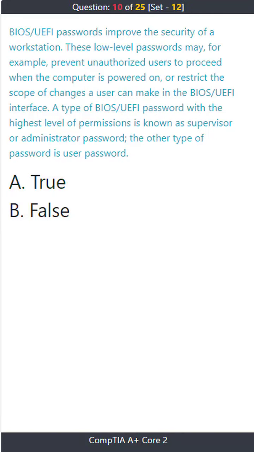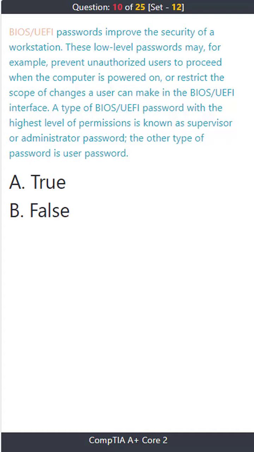Question 10. BIOS/UEFI passwords improve the security of a workstation. These low-level passwords may, for example, prevent unauthorized users from proceeding when the computer is powered on, or restrict the scope of changes a user can make in the BIOS/UEFI interface.